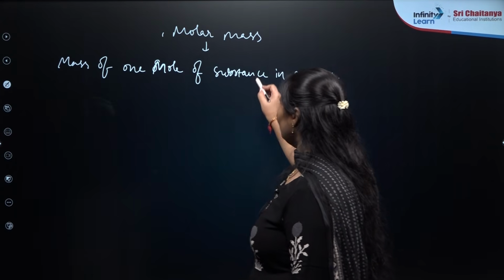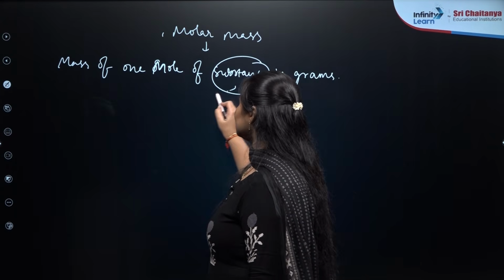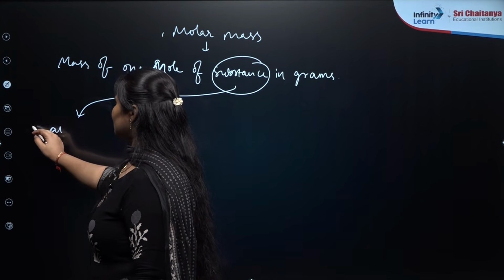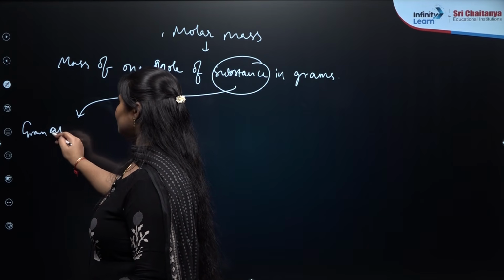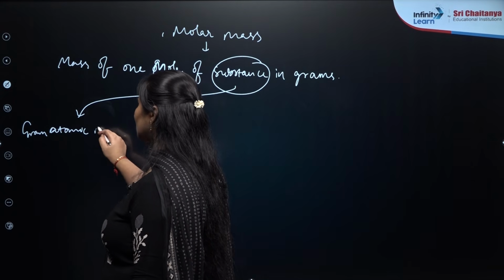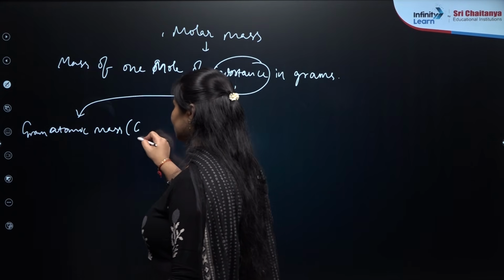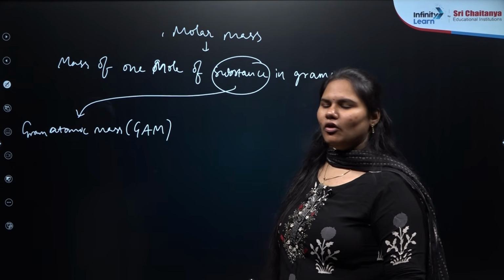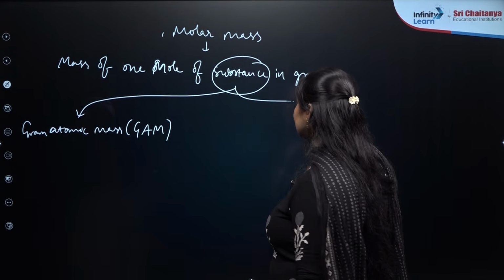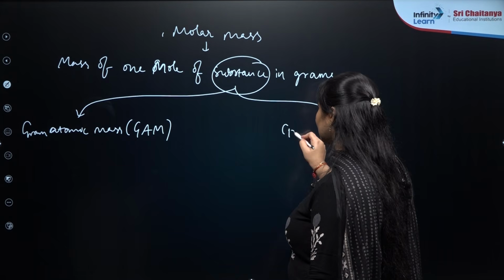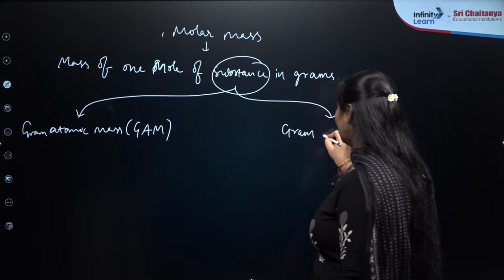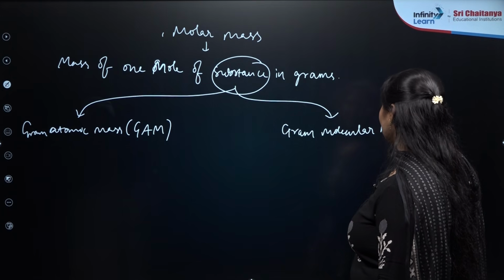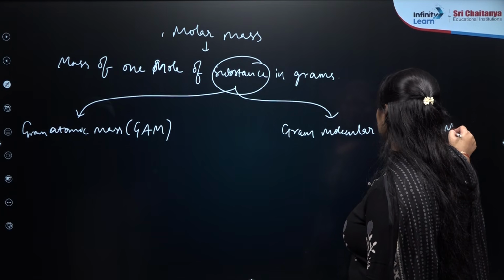If you keep atom in the substance place, that is called gram atomic mass, represented as GAM also. If I specify for molecules, that is called gram molecular mass, GMM.